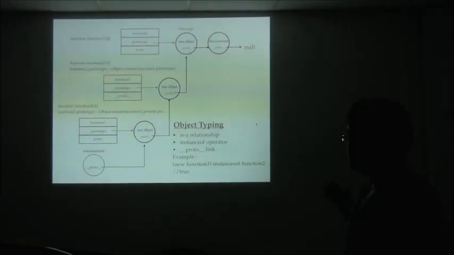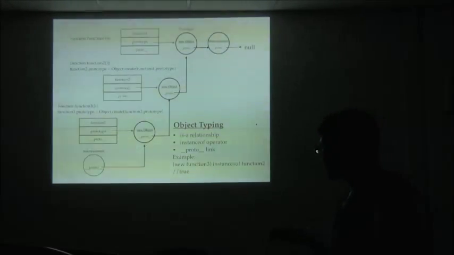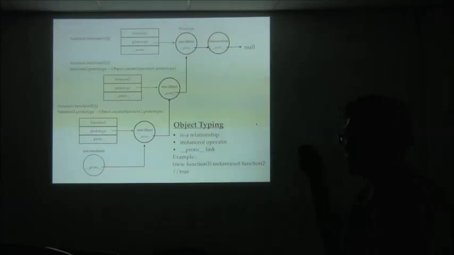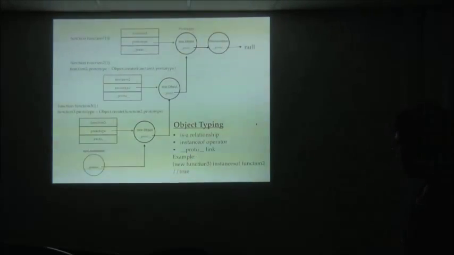So what object typing is all about is defining a set relationship, right? And how you check for these particular types is by using the instanceof operator. If you want to find out if an instance of function 3 is an instance of, say, function 1 or function 2 or function 3, you would invoke the instanceof operator according to this example I have shown over here.